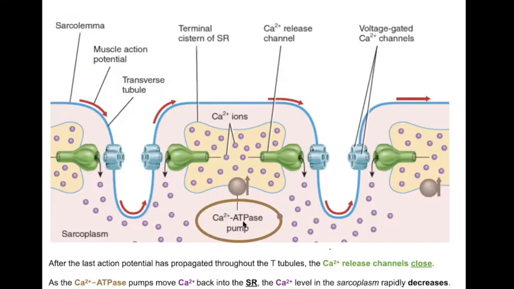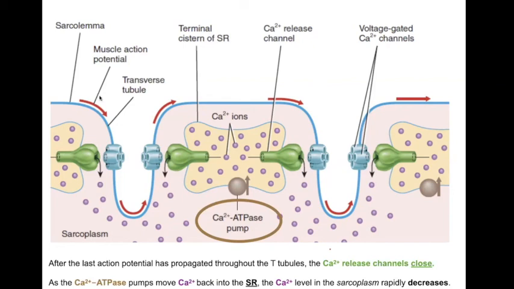The last part of it is, again, once the calcium is released, it'll keep those binding sites exposed, and it'll keep the muscle contracting. That is, it'll keep the sarcomeres acting as long as calcium is there, as long as the ATP stuff is doing its thing. So you don't want that.